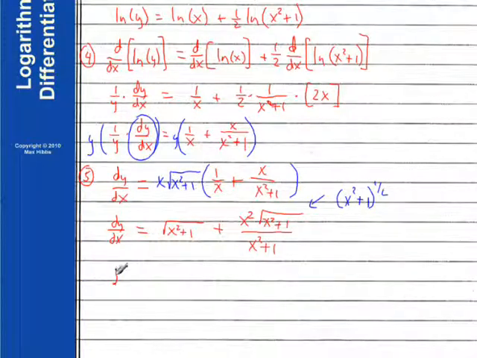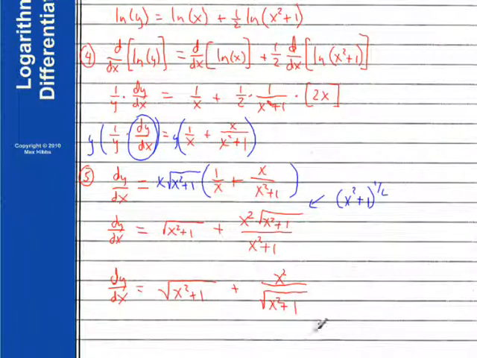We'll have dy dx, which is what we're looking for, is equal to the square root of x squared plus 1 plus x squared, and as we move this to the bottom, it's a minus 1/2 exponent and a 1/2 exponent together, which gives us a positive 1/2 exponent, which is the same as the square root.